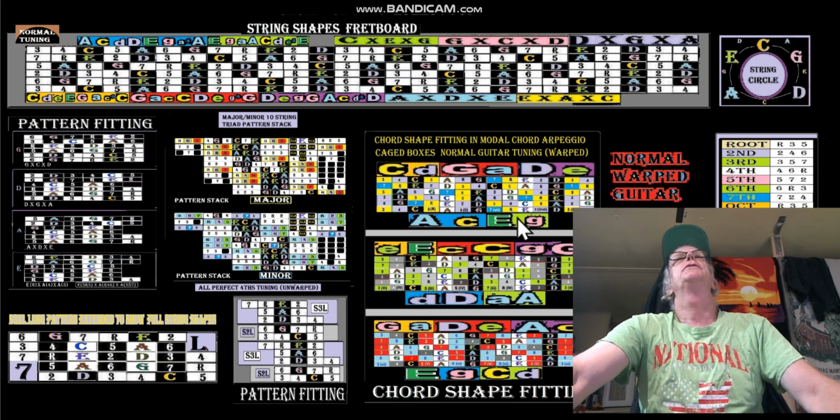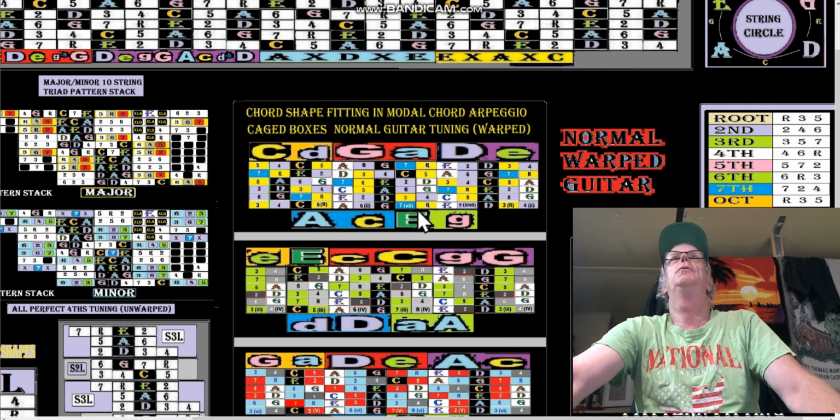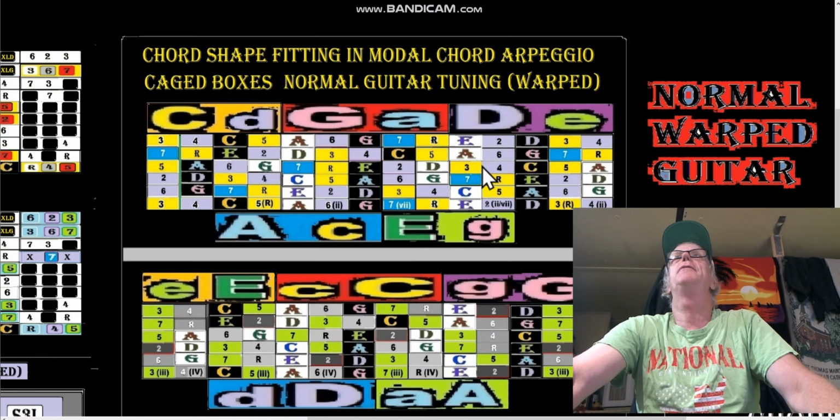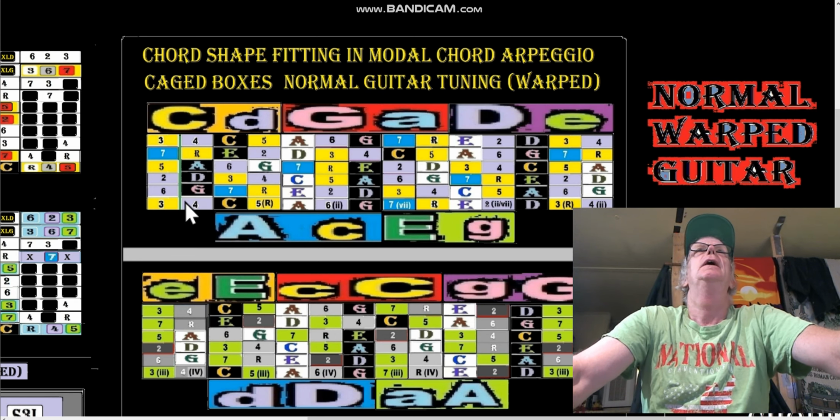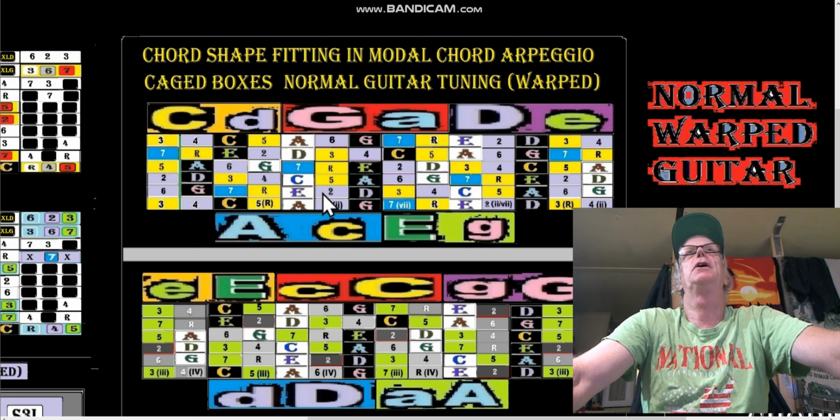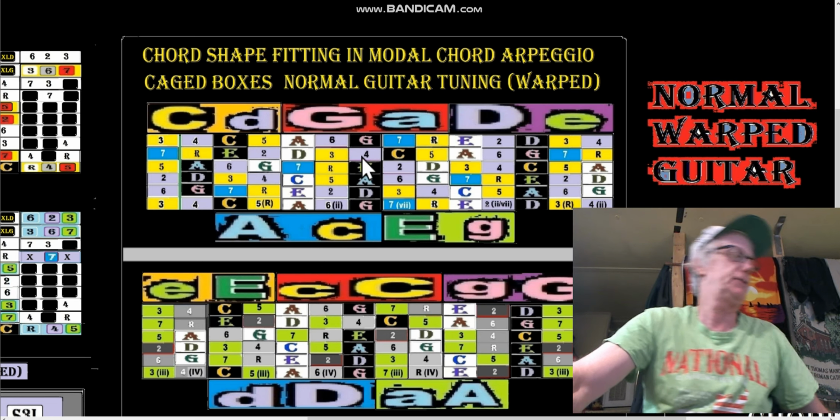Chord shape fitting is once you have the normal warped guitar tuning, and you're just looking at a guitar fretboard, play it as you see it.